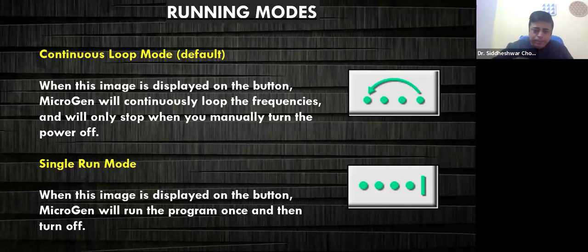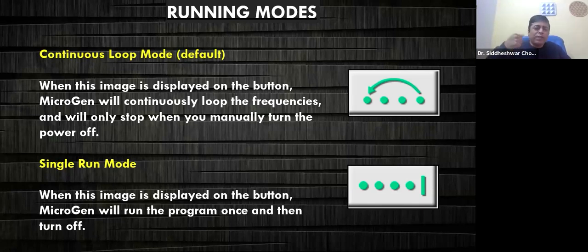However, if you want to run only the single mode, this is given by this symbol, four dots followed by a vertical line. That means after one session of your frequencies, say you are giving five frequencies to the body, that is 5 into 3, which makes it a 15-minute session.